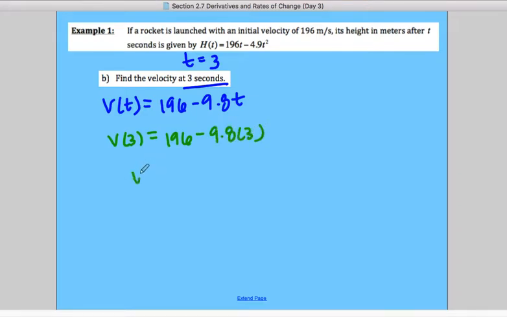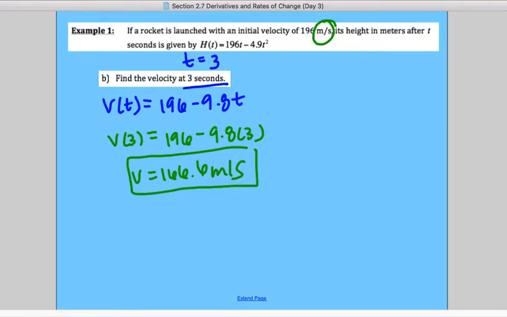And when I type this into my calculator, I will get 166.6, and it's velocity. And velocity in this case is measured in meters per second. So that's our velocity at 3 seconds.